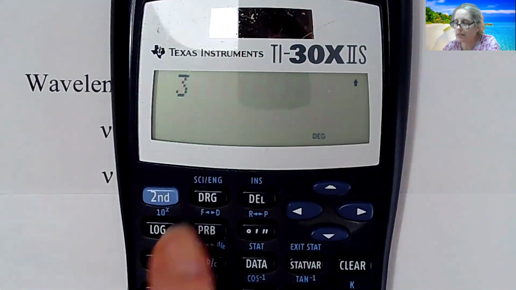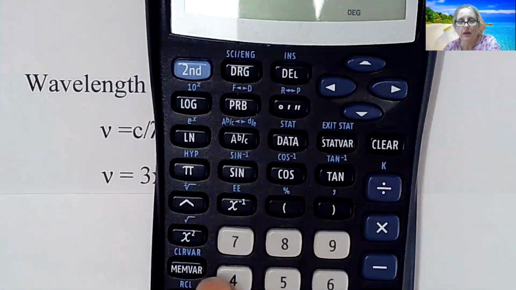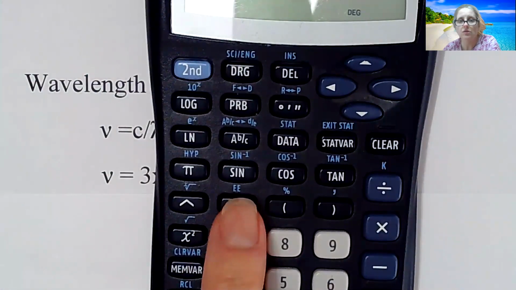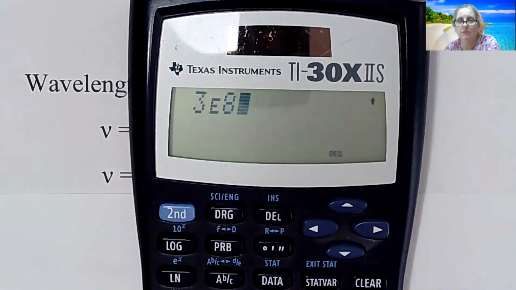I'm going to take 3 times, so I'm going to do second function EE, and then the E should show up on your screen. If the EE function is above the key, you have to hit the second function key in order to hit it. Then I'm going to type in 8. What that's saying is 3 times 10 to the 8th, and I'm going to hit the division key.